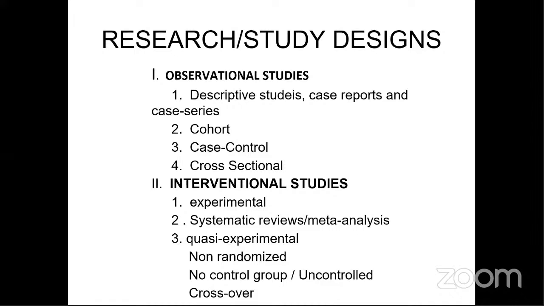Case series would be a series of similar diseases that's reported on, and you will see the trend. Okay. You would also have cohort, case control, cross-sectional, which we will see in detail later, or experimental, falling under interventional studies, systematic reviews, and meta-analysis.